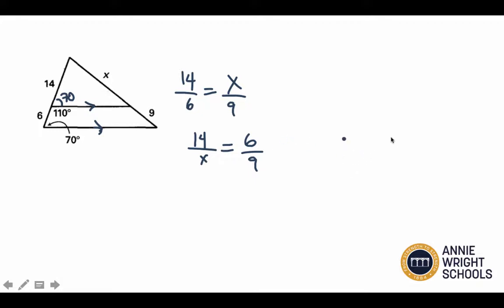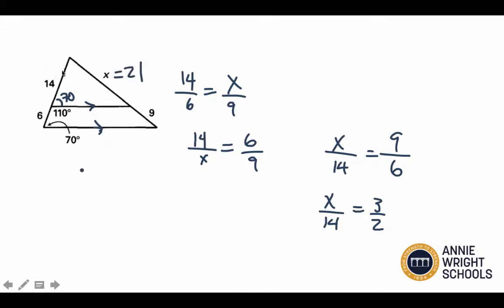You can use those properties that says x over 14 equals 9 over 6. You can reduce here, x over 14 is 3 halves, multiplied by 14 and get 21. Good. It also works: 14 is to 21 what 6 is to 9. So it's all good. Lots of ways to do that.